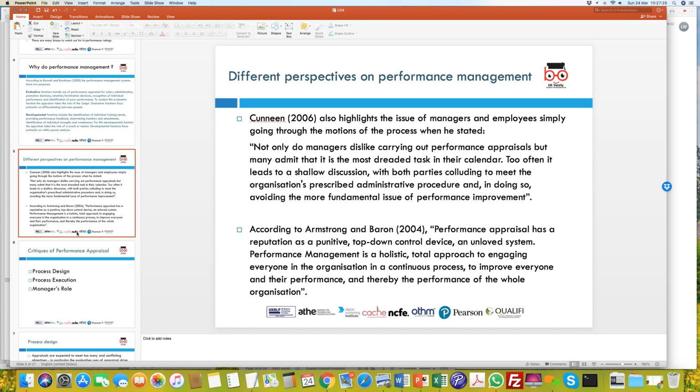So here, you will tend to see a constant discussion or debate between the managers and the employees they supervise or manage. And the idea here is to come up with a system through which some sort of evaluation can happen, and that evaluation happens through the process of performance management.